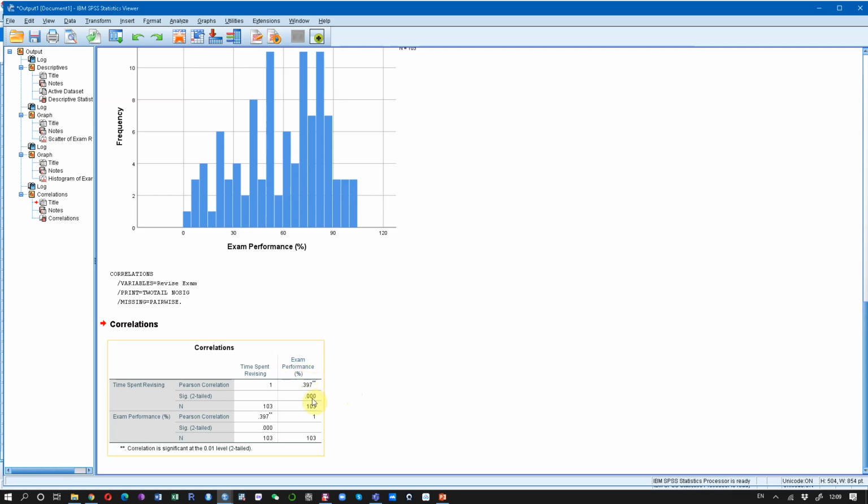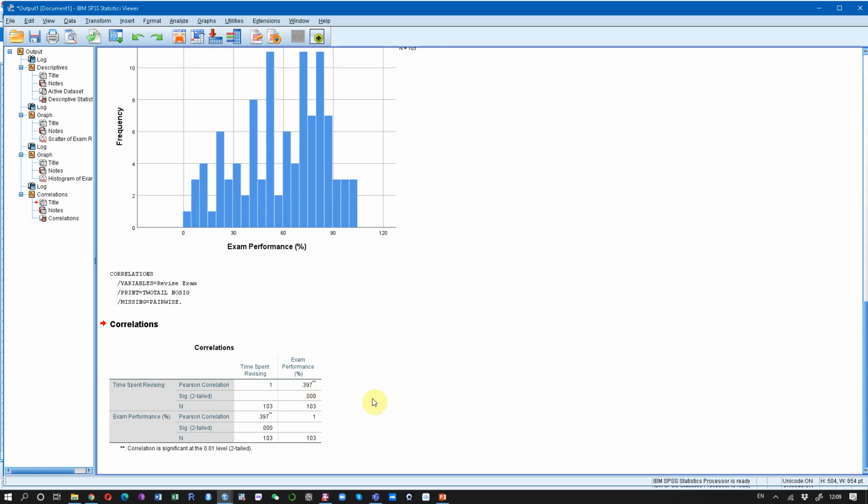And those 2 stars indicate the significance level of this influence. So you have the strength of this correlation, then you have whether this correlation is indeed significant, that is, whether we're really sure about this correlation. And here 0.000 is a very high significance level.